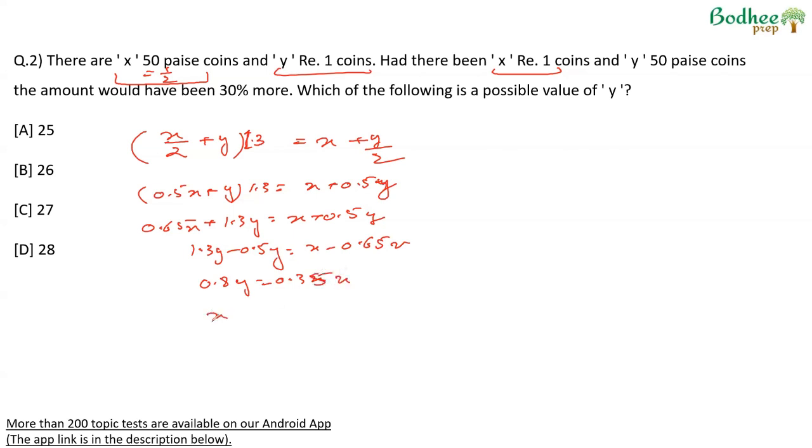Therefore, y by x is equal to 35 by 80, which is 7 by 16. Therefore, y has to be a multiple of 16. From the options, the only multiple is 28, and therefore that becomes my answer.